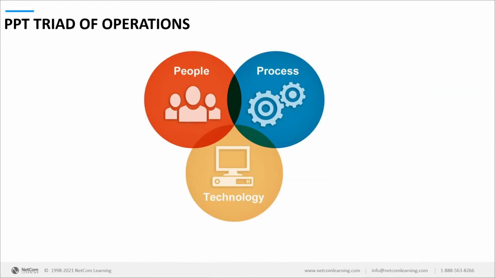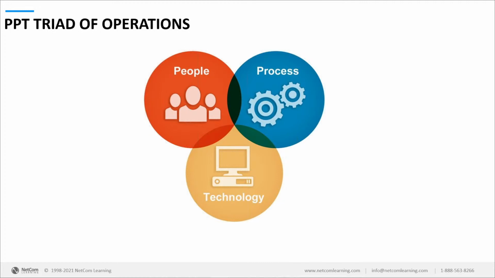So the PPT triad of operations, the most important is people. People make it go around, and people are what allow it not to work. People are what make it work.